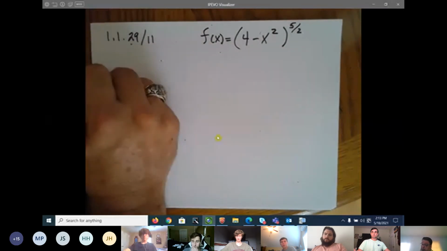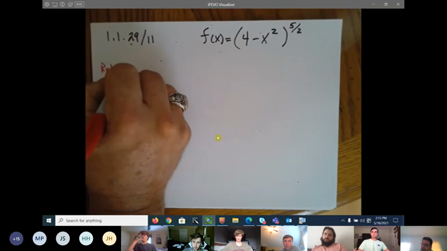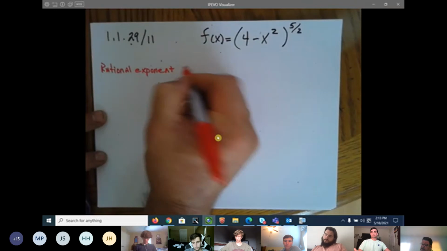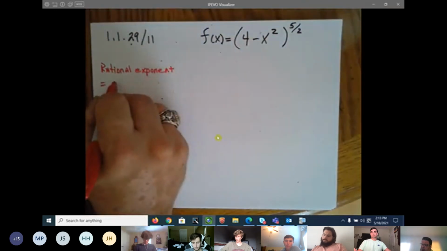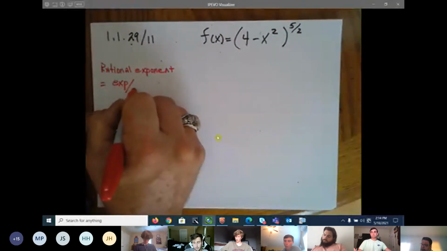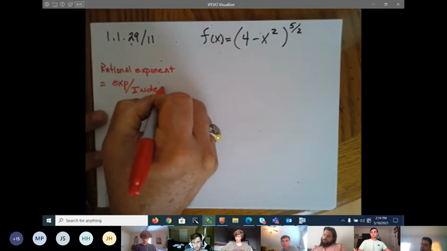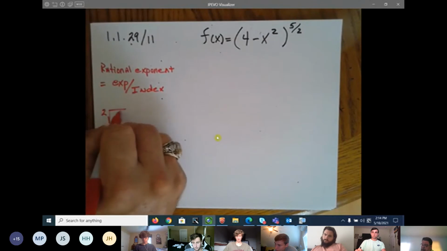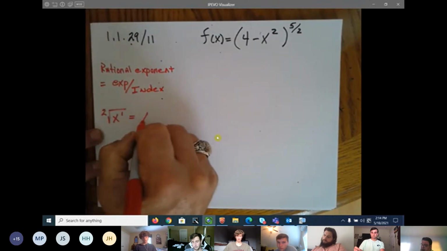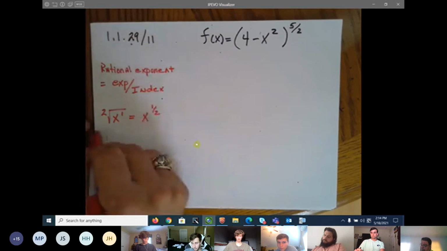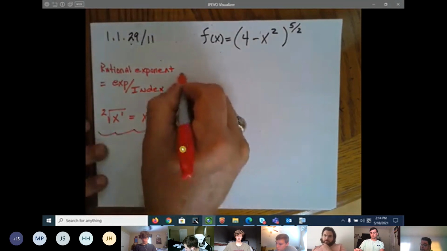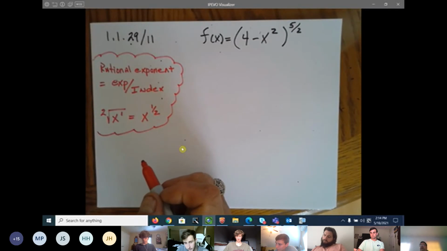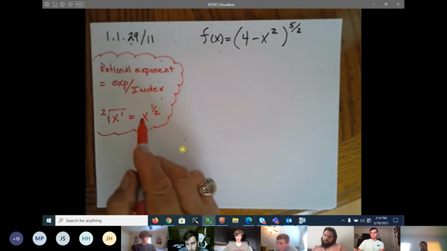A rational exponent basically is equal to exponent over index. And that means the square root of x to the first power is equal to x to the 1/2. So if you've forgotten all about rational exponents, there it is.